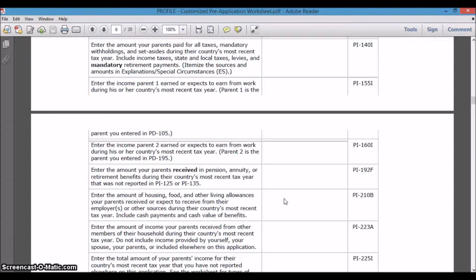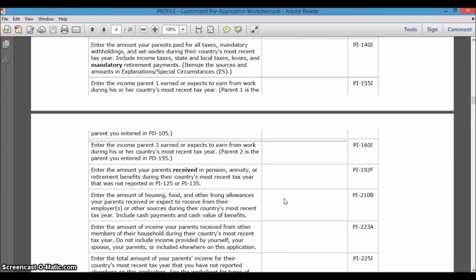All this information you should actually be getting from your parents, and also from the document that you received from their employer. I think we've spoken about that before, that you need to get a letter from your parents' employer and your parents' bank. So that's a bank statement and an employer statement. You use these two statements to fill out some of the information throughout the CSS Profile.